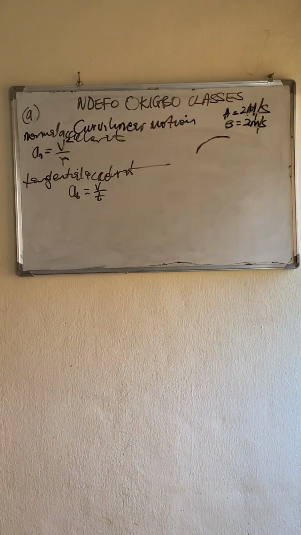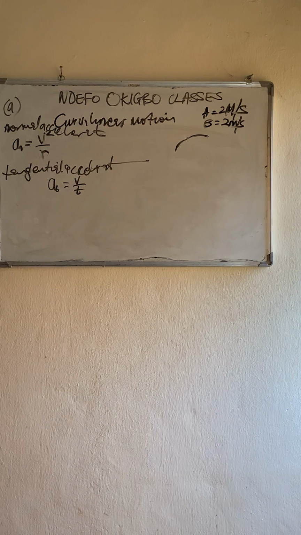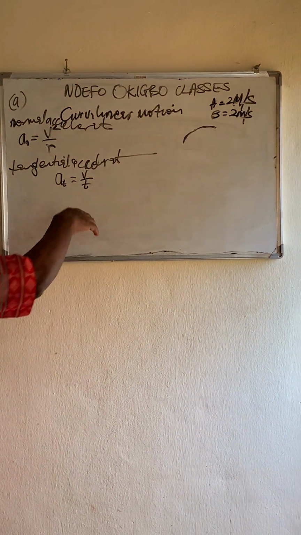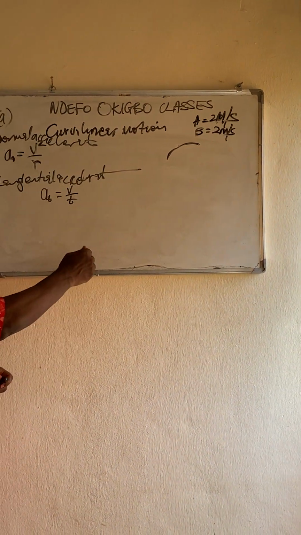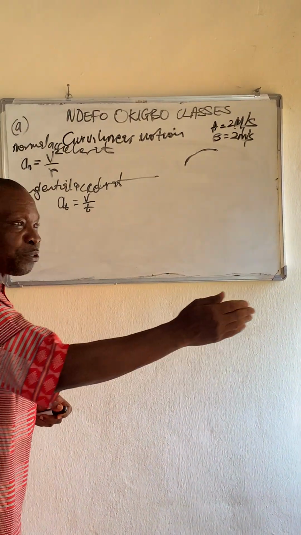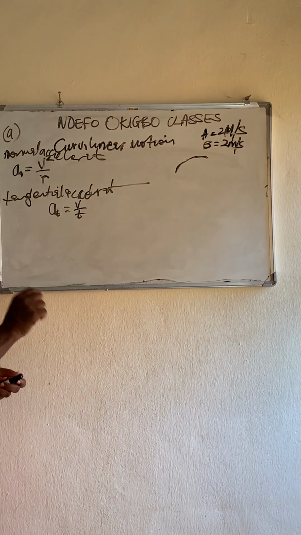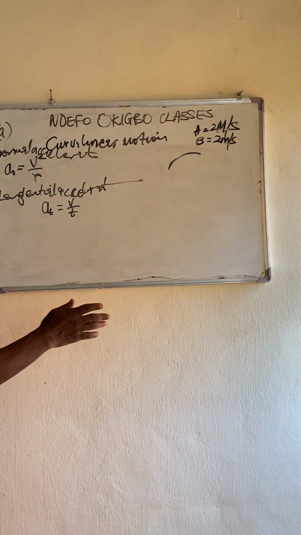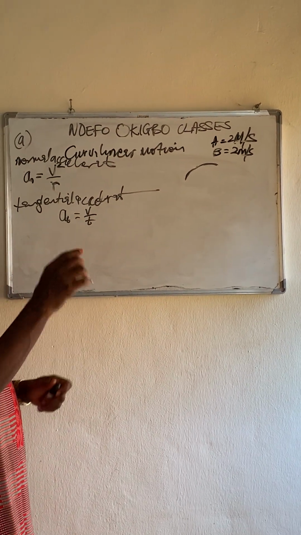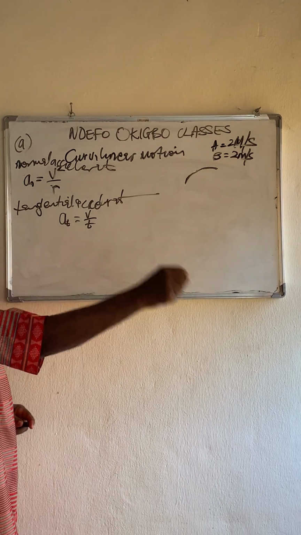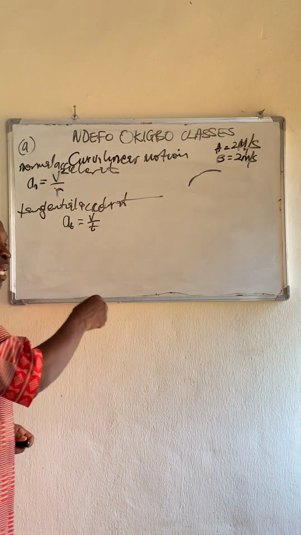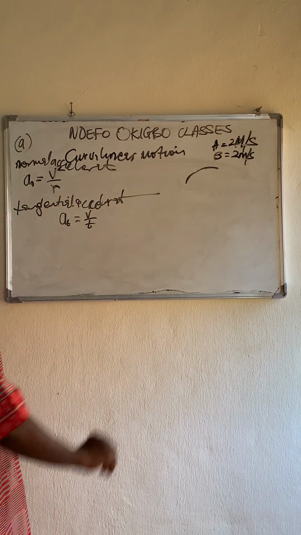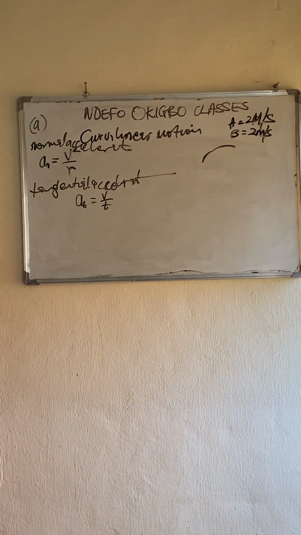There are two accelerations. Even though the velocity may be equal in quantity, due to the nature of the curve, the velocity continues changing direction, and as such it's no longer the same because it's a vector. Whenever velocity changes, acceleration will result. There's an acceleration that drags the material to the center, which we call the normal acceleration, equal to the velocity squared over the radius.